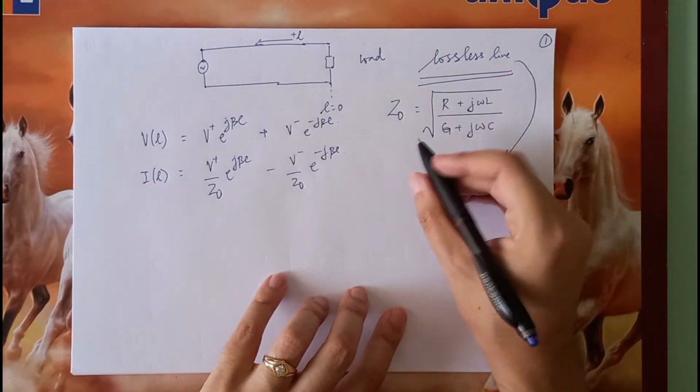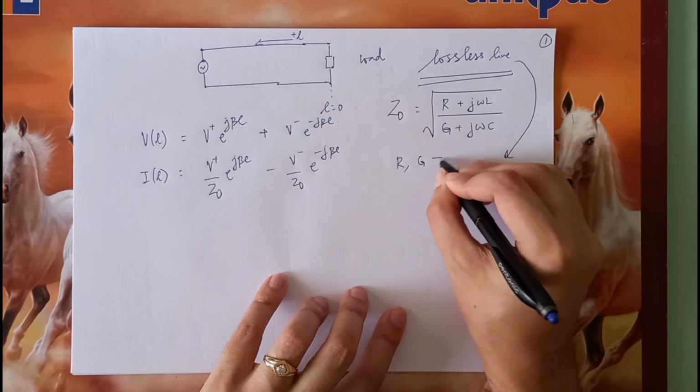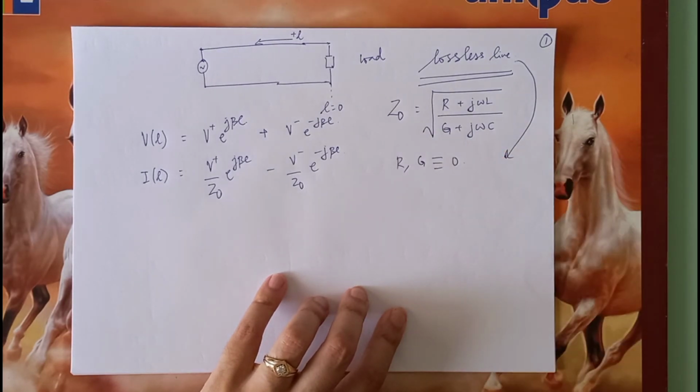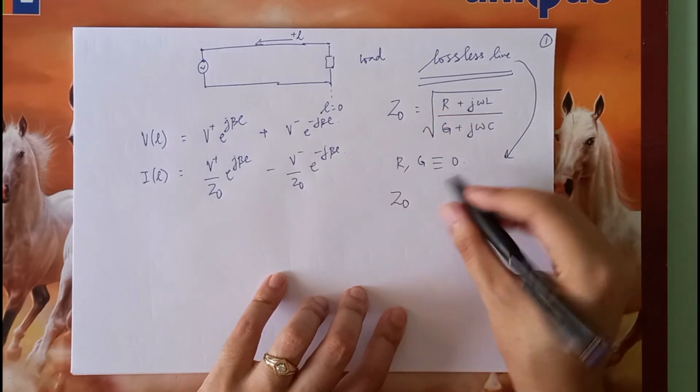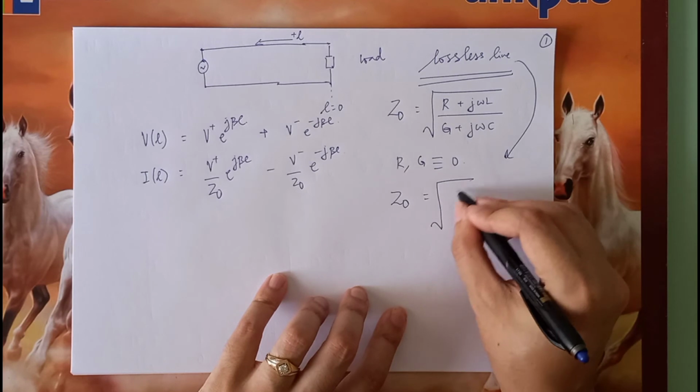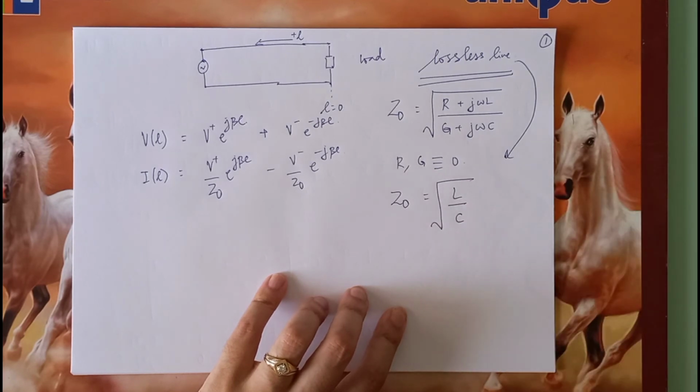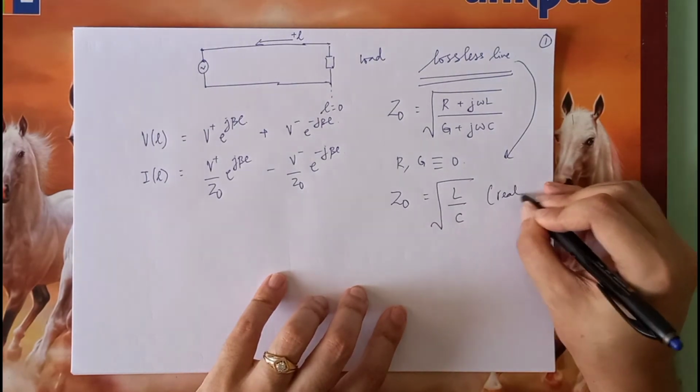So for a lossless line, both R and G are 0. Then the characteristic impedance is the square root of L by C, which is nothing but a real quantity.